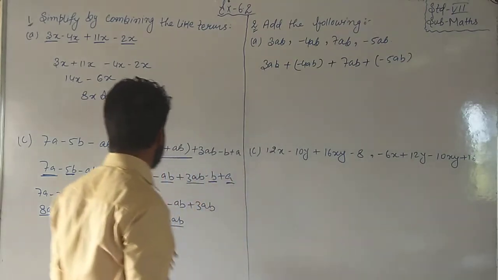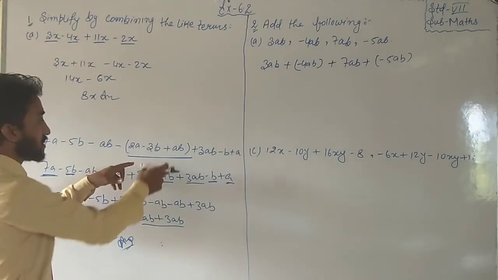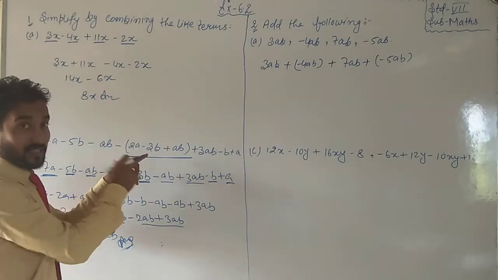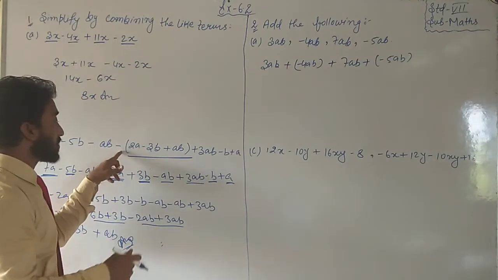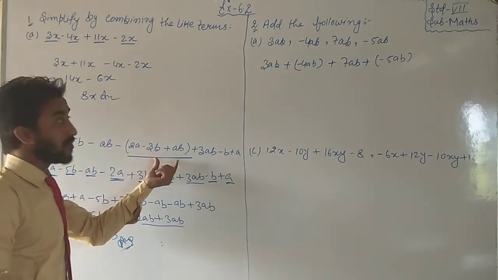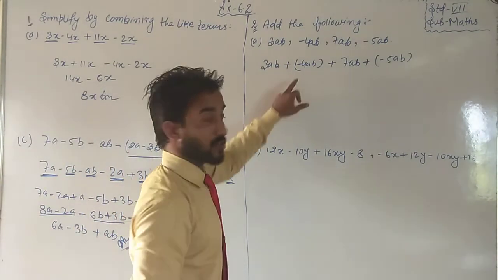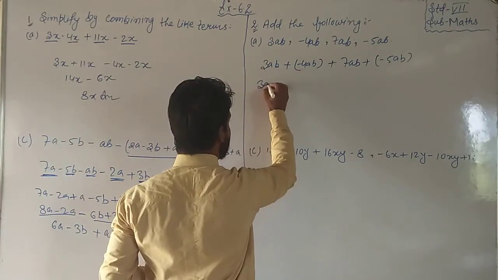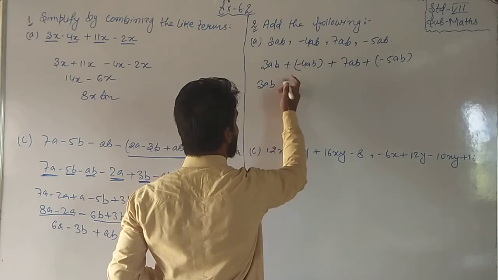Students, it was already discussed in the previous question. Under the bracket there is just one expression, and outside the bracket there is a negative sign, so this negative sign will multiply with all. Same way here, the same process. So 3ab here plus, or here minus; what will the result be?